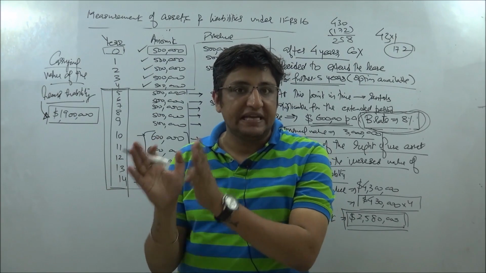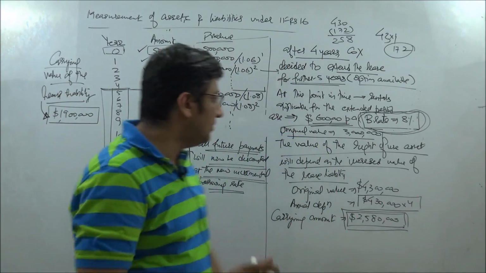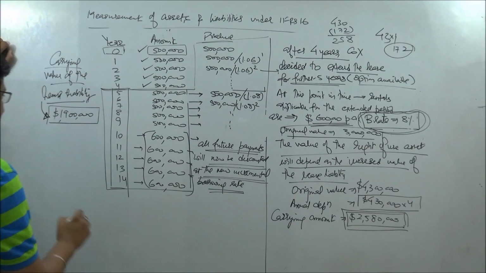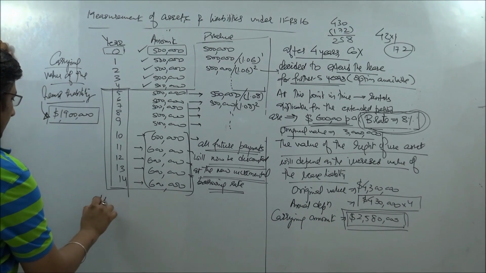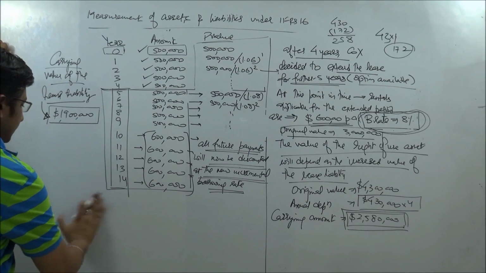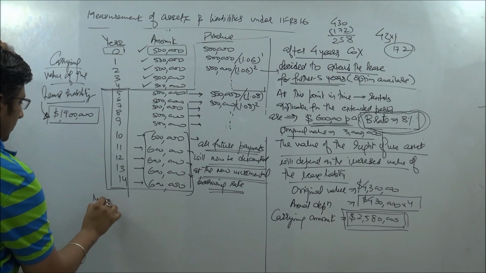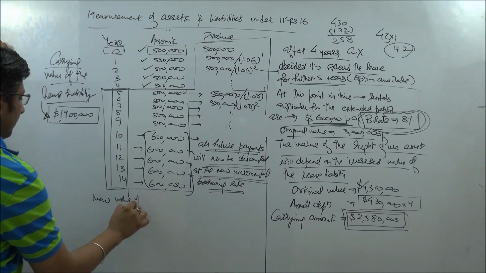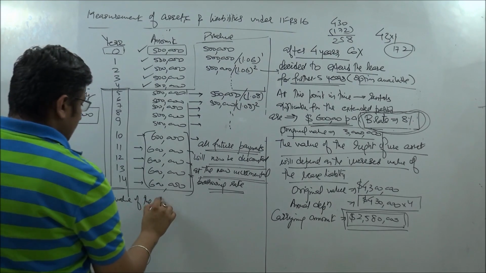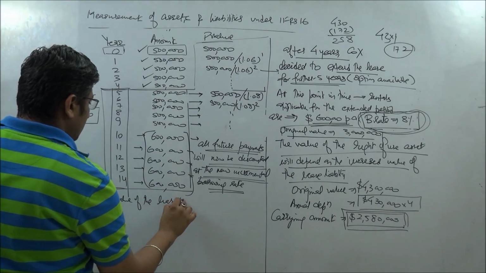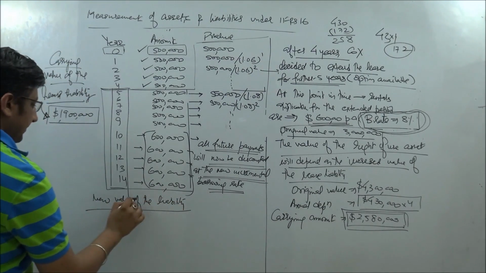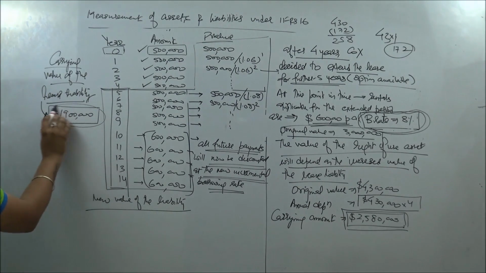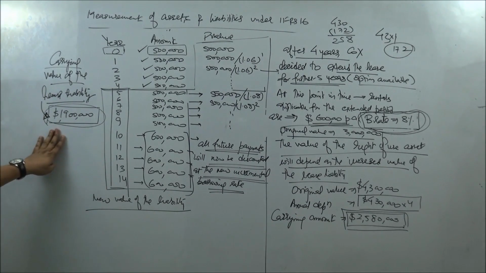What does that amount give to us? This amount gives to us the new value of the liability, right? We already have a value in our books, $1.9 million, for example.